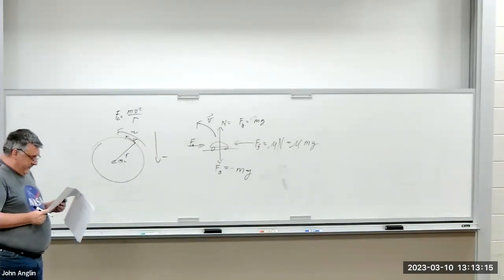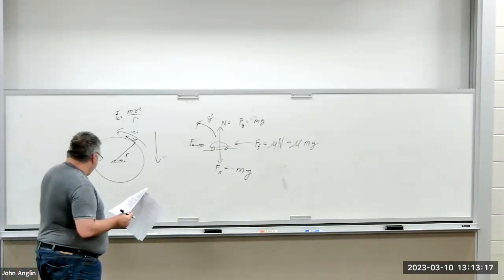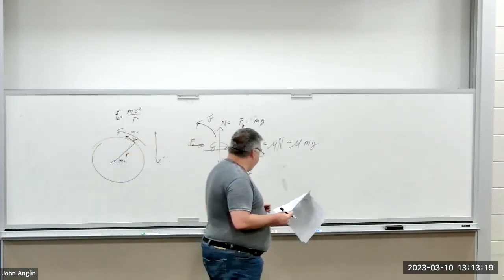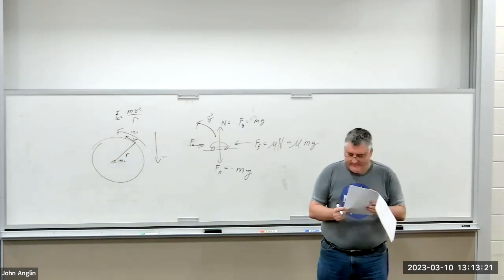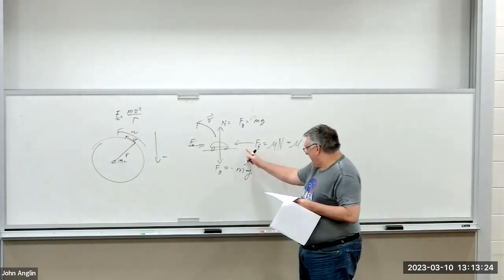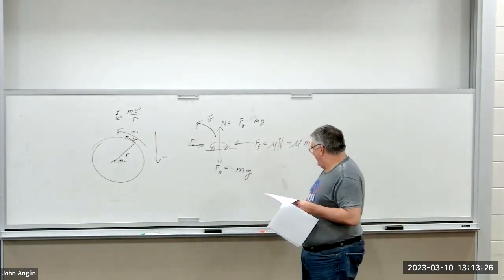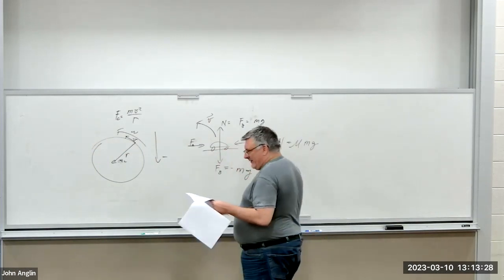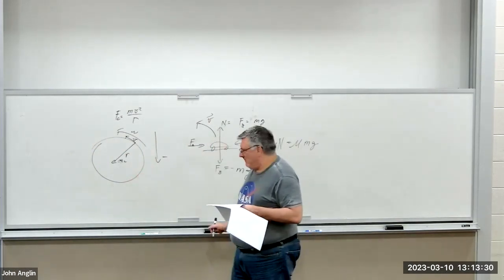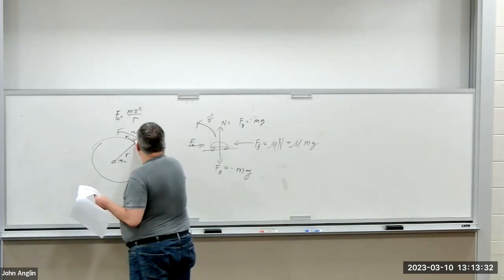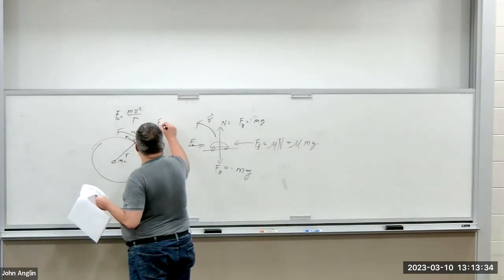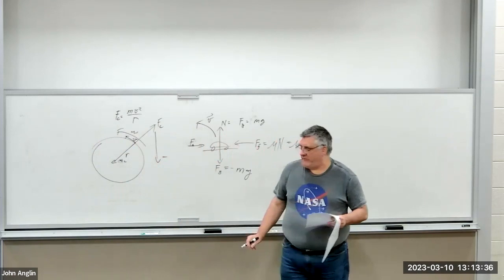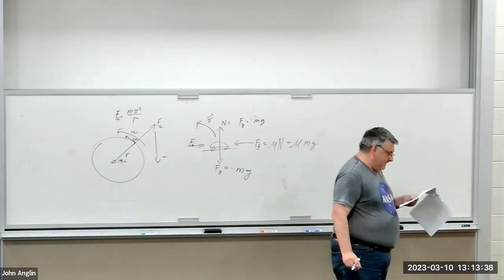So we know that in order for this car to stay on the track, this force due to friction, right? So think about this, it's kind of acting towards the middle of the track. That means because we're moving in a circle, we have some centrifugal force.